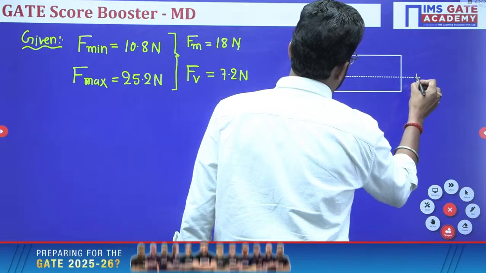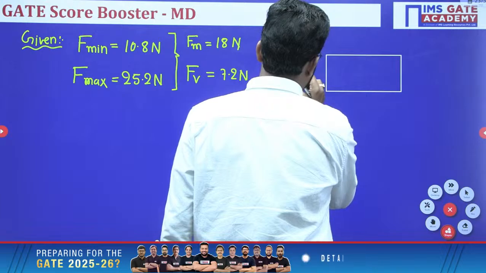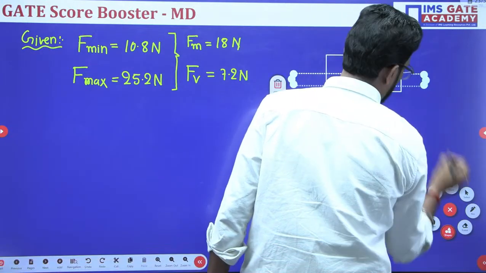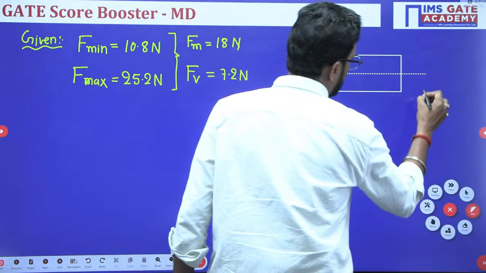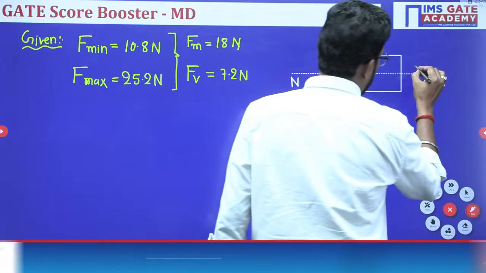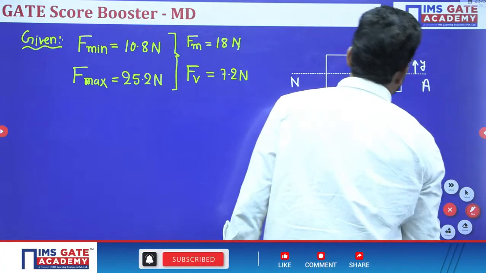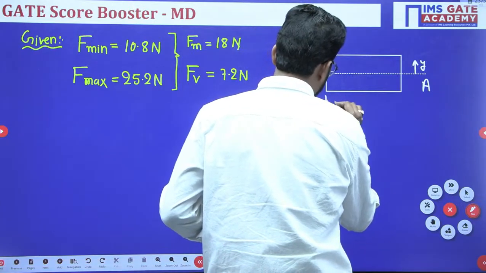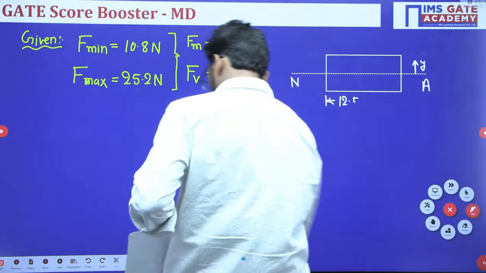From this neutral axis, this is your y at any point, and this dimension is given as 12.1.